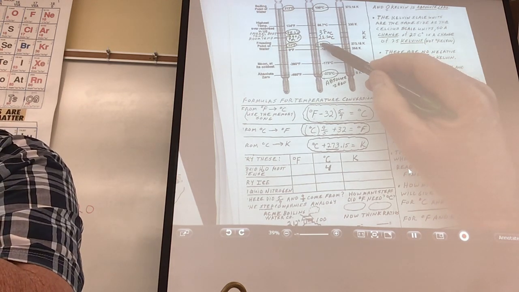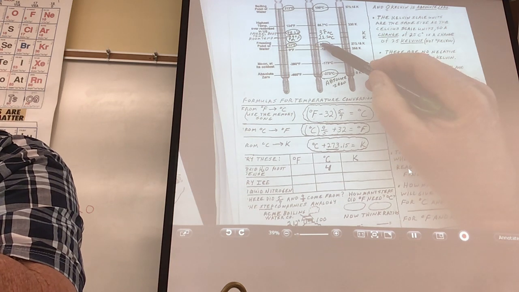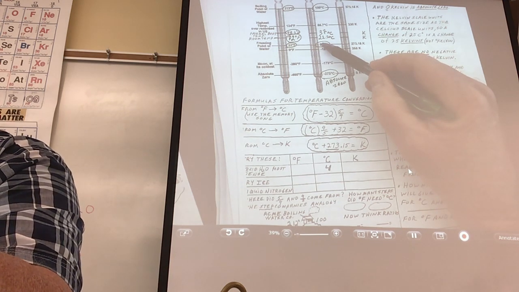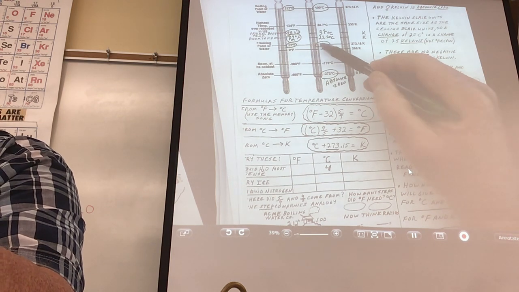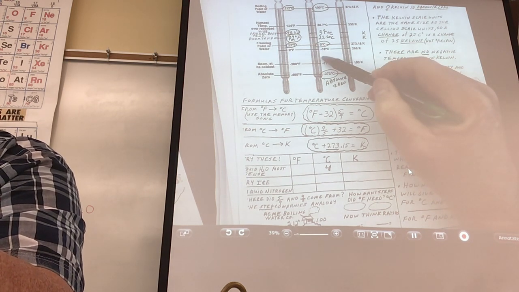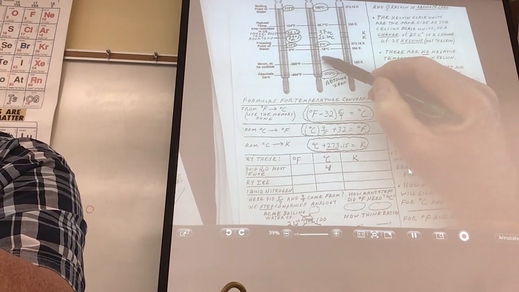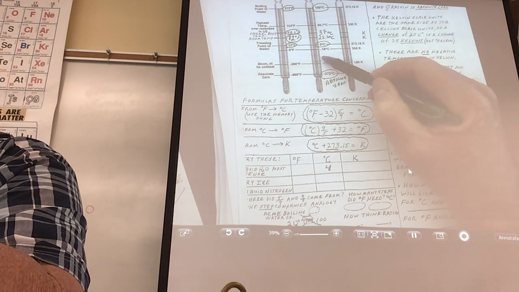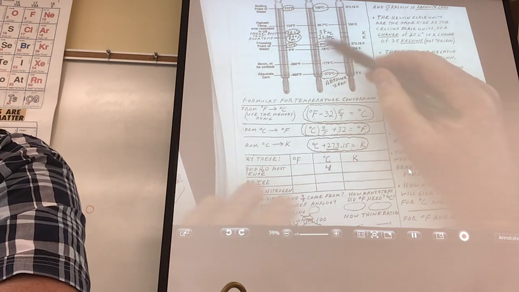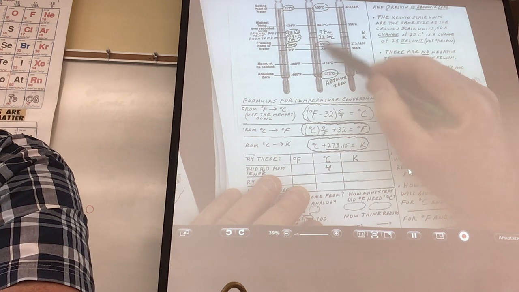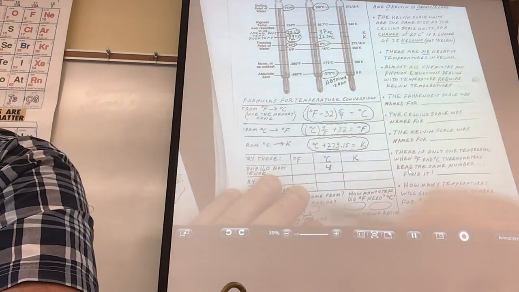Your math brain says, how can 0 be twice as hot as 0? Here's another one. What's twice as hot as negative 10 Celsius? Your math brain says negative 20. That doesn't make sense. So when you have a scale that has positive and negative numbers, it won't make sense mathematically.